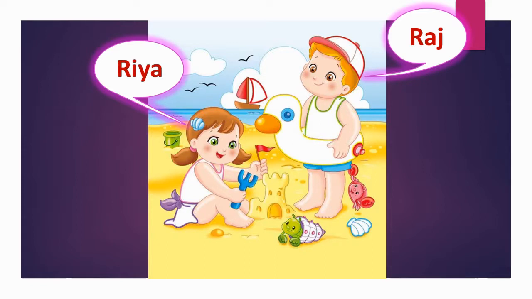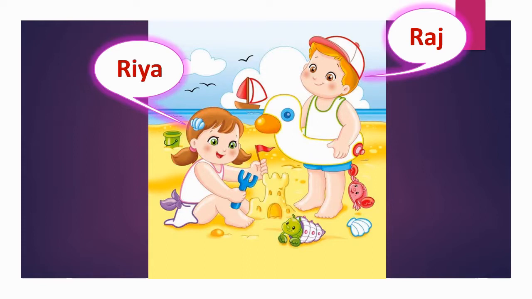Can you think and tell me where they are? Yes, they are at the beach. What do you think they are doing? Yes, they are playing. Raj and Riya are playing at the beach.